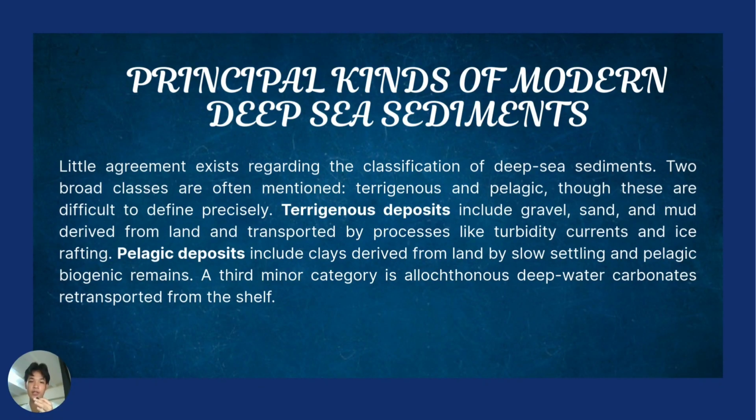Terrigenous deposits include gravel, sand, and mud, derived from land and transported by processes like turbidity currents and ice rafting. Pelagic deposits include clays, derived from land by slowly settling, and pelagic biogenic remains. A third minor category is neritic deepwater carbonates transported from the shelf.